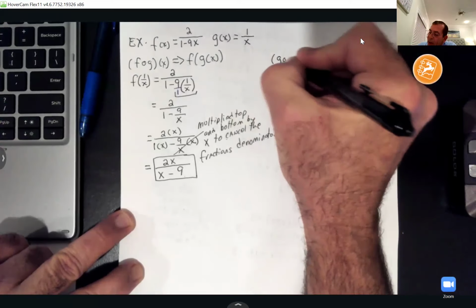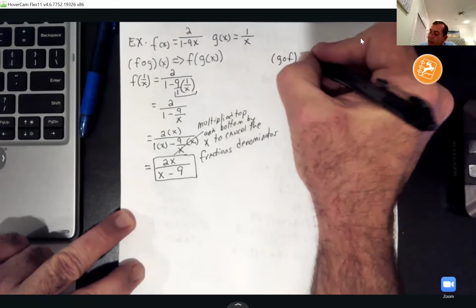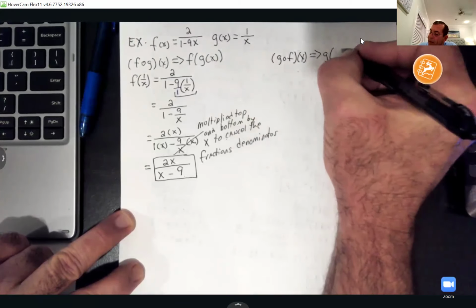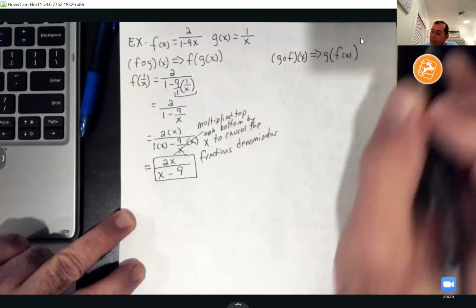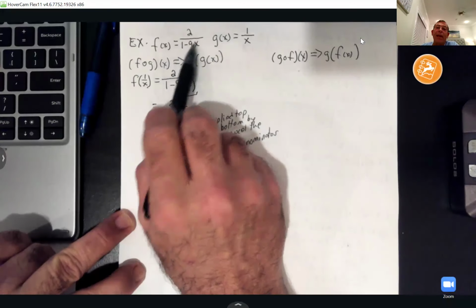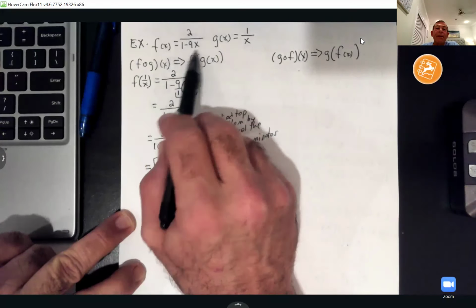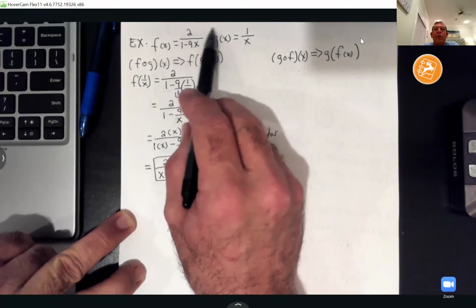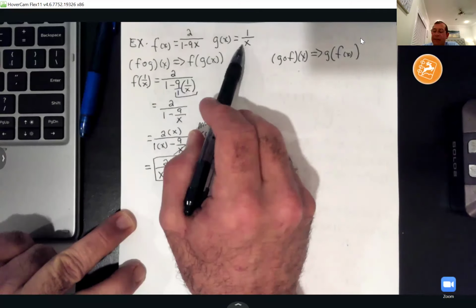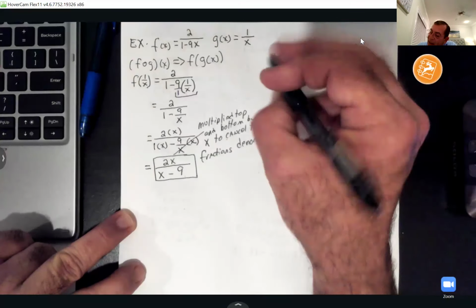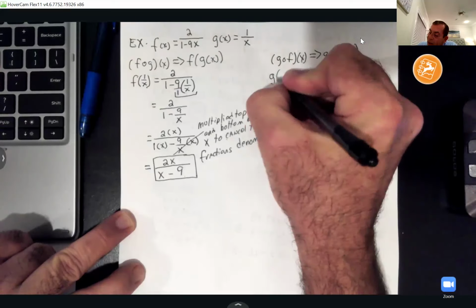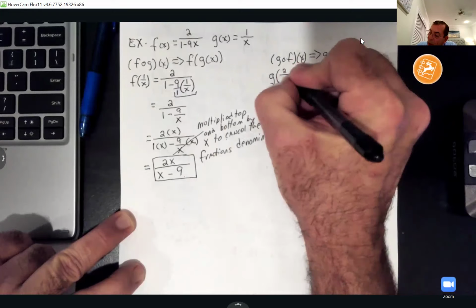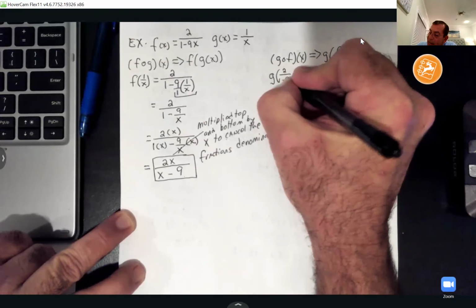So g compose f of x, y'all, is going to be g of f of x. Well, y'all, here's f of x. You can't do nothing with that. So that means this whole f of x function here is going to go into that x. So we're finding g of 2 over 1 minus 9x.